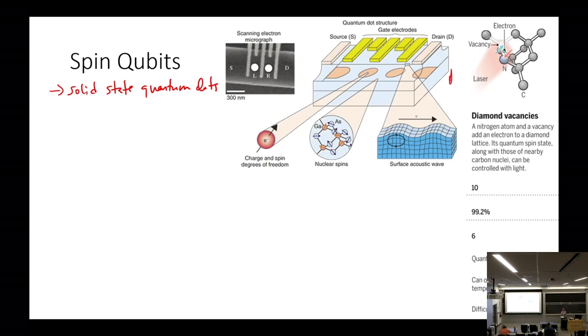This is where quantum dots are defined by gates on a two-dimensional structure. So it's just how the gates are arranged that dictates little islands of charge in these two-dimensional materials. You can also make these solid-state quantum dots by lithographic patterning of quantum wells.